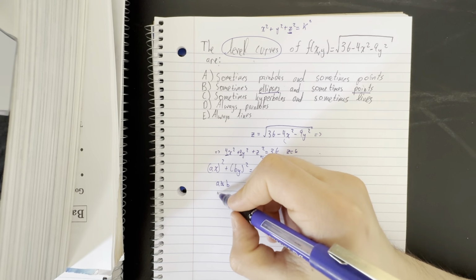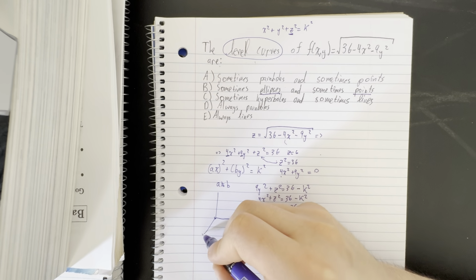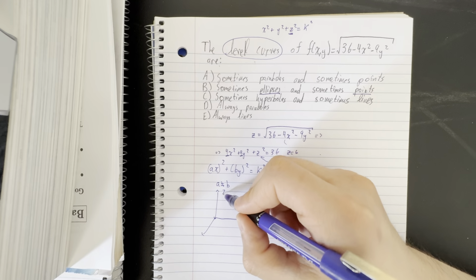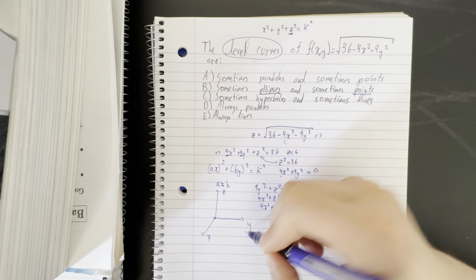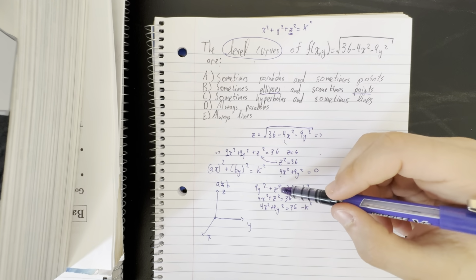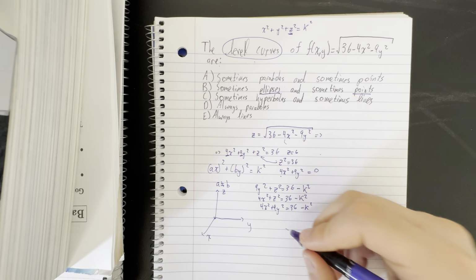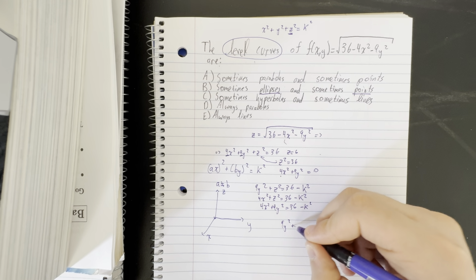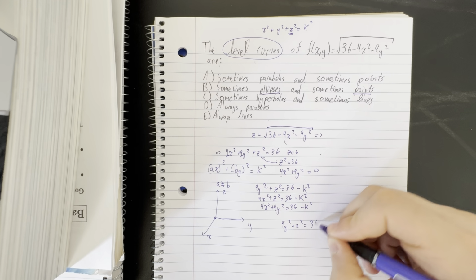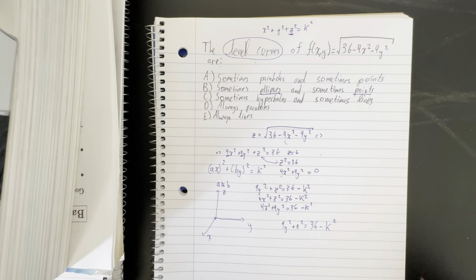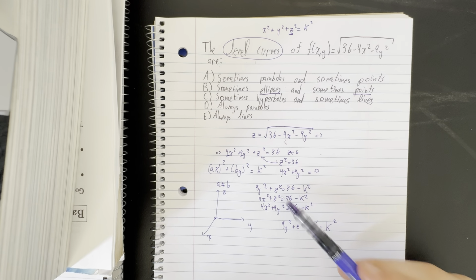So if you looked at, let's take one of these and make an example of it. So take this right here. 9y squared plus z squared equals 36 minus k squared. So we know k is x in this scenario because this is missing an x.